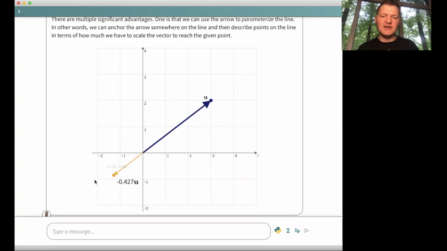You can imagine a number line sitting along the direction of this line with tick marks on it, 0 here, 1 here, 2, and so on, and the negatives go this way. That's kind of nice. It allows us to talk about where points are on the line in a really flexible, useful way. That's called parameterizing the line, and that's a definite advantage of this particular approach.